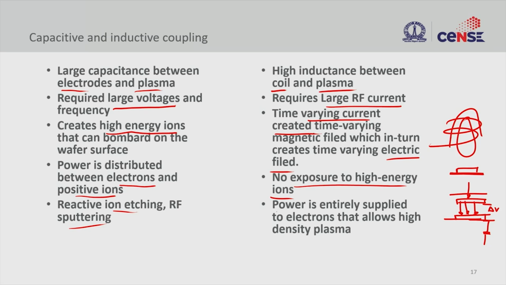Power, as I mentioned earlier, is entirely supplied to electrons, which allows you to generate high density plasma. Without supplying high energy to electrons, it is impossible to generate very efficient plasma with very high density and at the same time not affect your wafer.